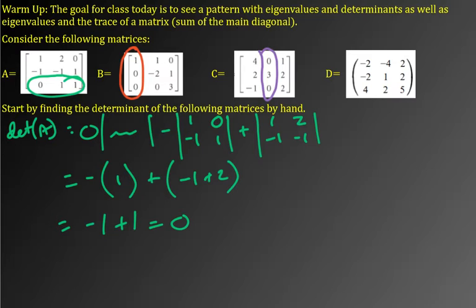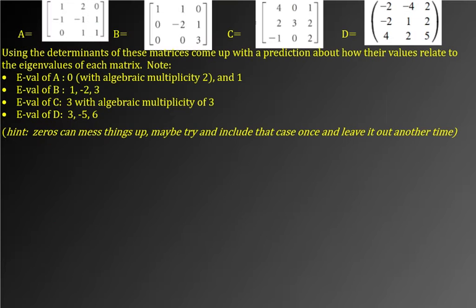If you do those out, you should see that the determinant of this one is 0. This one is negative 6. This one is 27. And this one is negative 90.